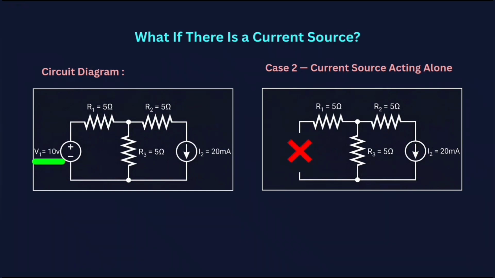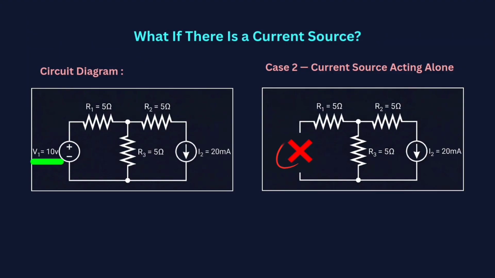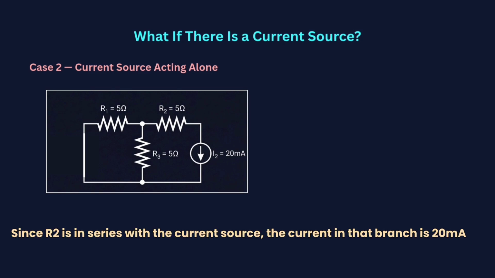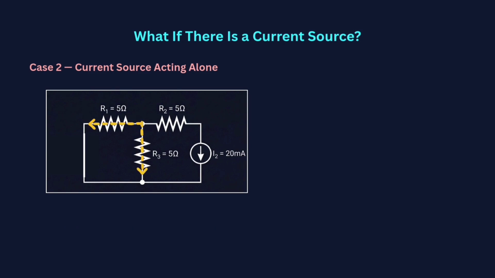Now consider case 2 where the current source is acting alone. Deactivate V1. Since an ideal voltage source becomes a short circuit, replace it with a short. Keep the 20 milliamperes current source active. Now the current source feeds the parallel combination of R1 and R3. Since R1 equal to R3 equal to 5 ohms, the current divides equally between the two branches. Using the current divider rule, the current through R3 is minus I2 into R1 divided by R1 plus R3.